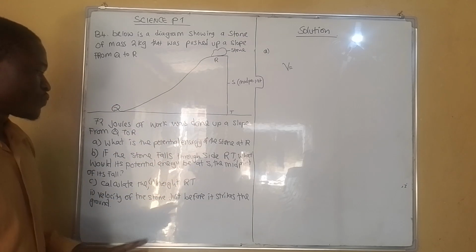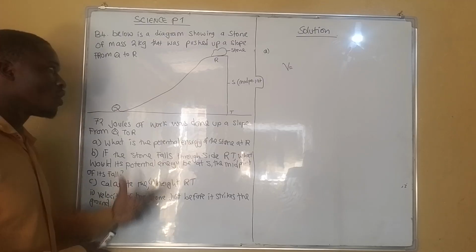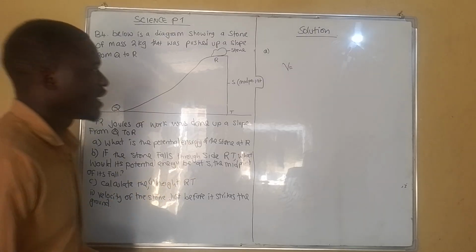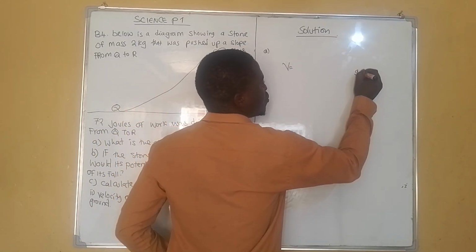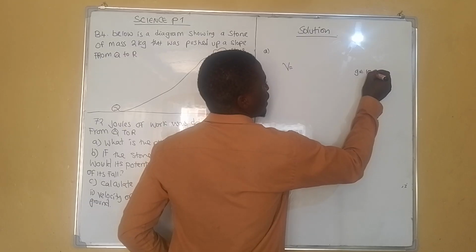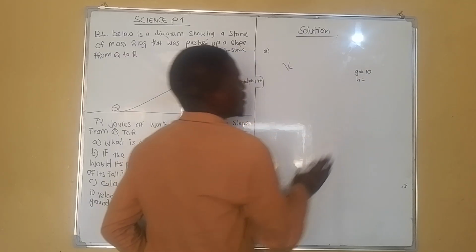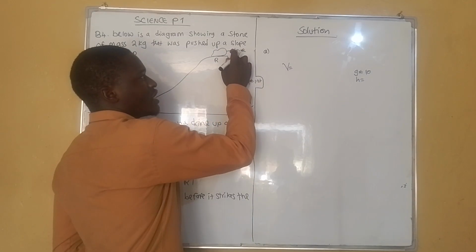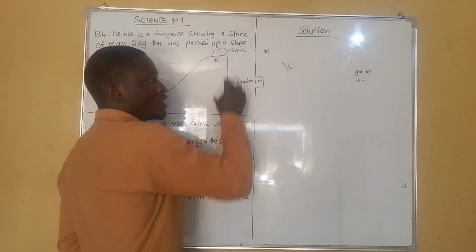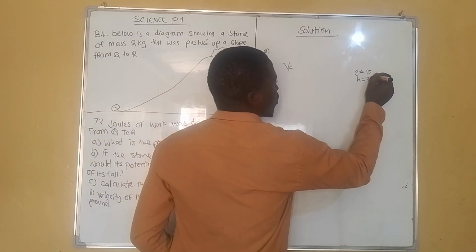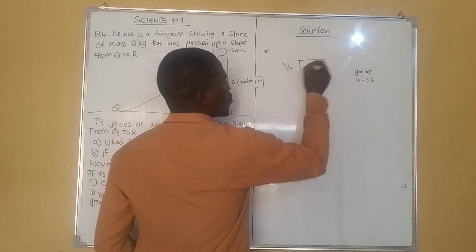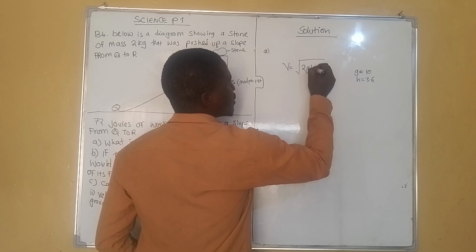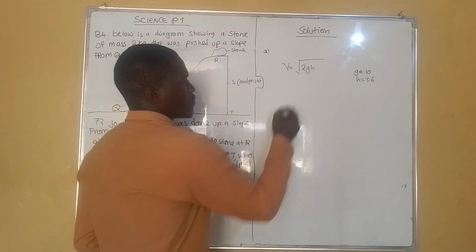So now, in this case, what do we have? We don't have time. But we know that we have acceleration due to gravity, which is 10. We also know that this object is falling from a height of 3.6. So we can use the formula of velocity: the root of 2 multiplied by g h. Is it okay?